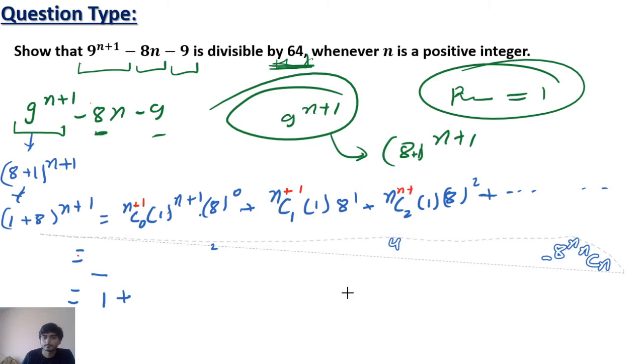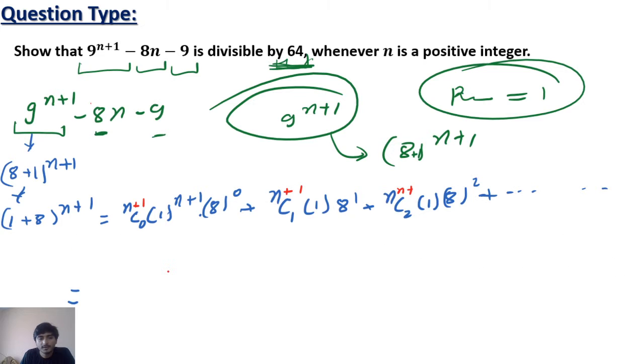Okay, so this will become n+1, right? So n+1 into C0 will become 1, and this will become n+1 into 8, right?